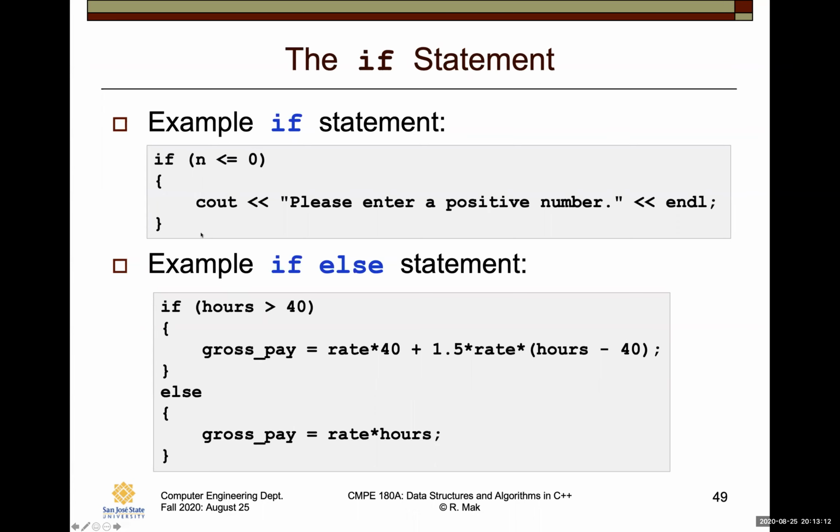And the fact that we have these braces here means that you can actually have more than one statement in here, and they'll all be executed one after the other if this expression is true. And same thing down here. You can have one or more statements down here, which are then executed if the Boolean expression is false. Okay, so that's an if-else statement.